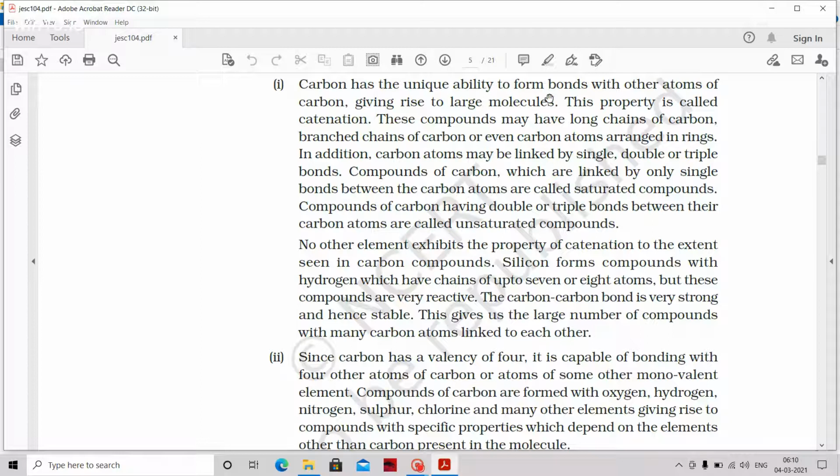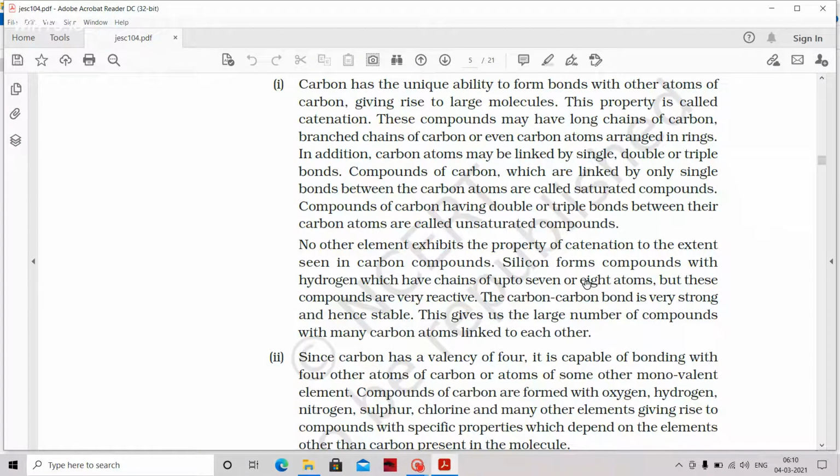And this catenation property, if you look at the periodic table of 118 elements, carbon is the only one that forms catenation to a large extent, with a huge number of atoms. To some extent, silicon forms chains with hydrogen, but the chain is not so big. It may have 7 or 8 atoms together.